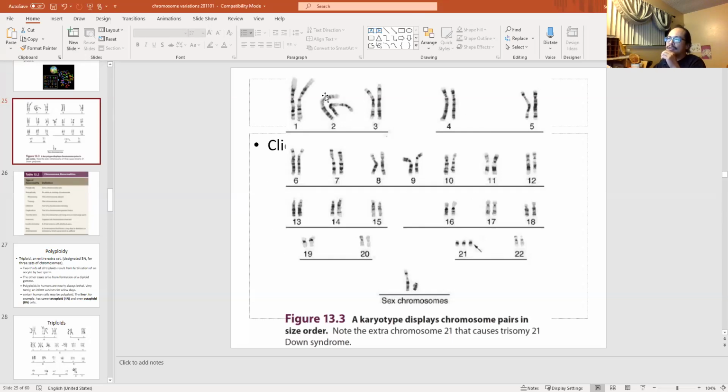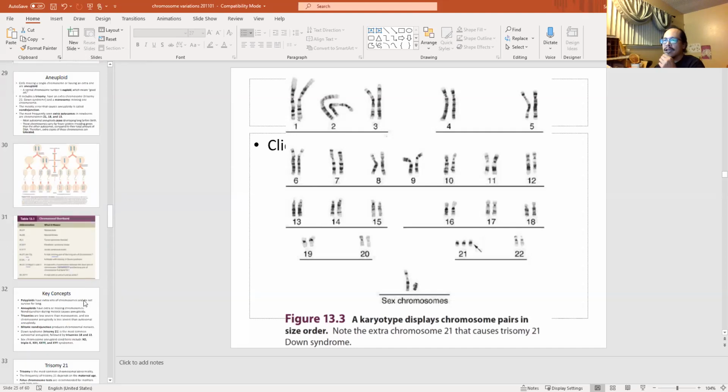So people can simply do a karyotype to identify, say, if it's just the egg, if this is the fertilized egg developing, and if it's only at a very early stage, and if we can know this early, maybe the parents can have some preparation for it.